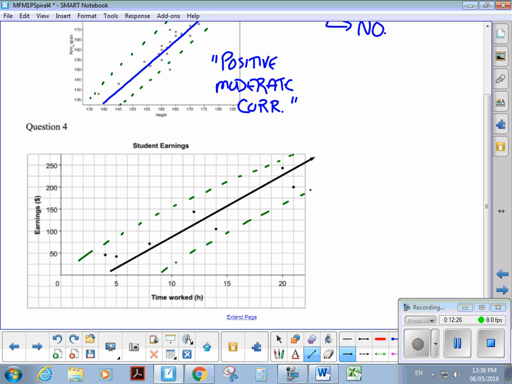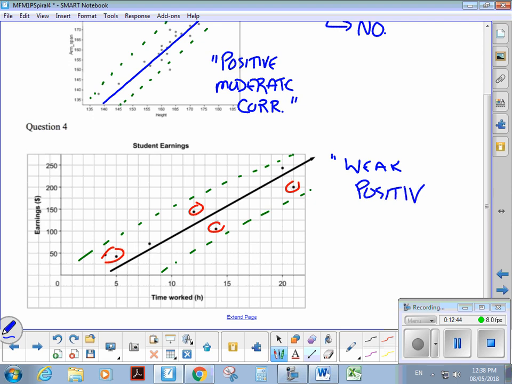We have quite a few dots, and hardly any of the dots are falling on this line of best fit. You can see that there's quite a spread here. So in this case, I would classify this one as a weak positive. Again, it's going up and to the right, weak positive correlation.